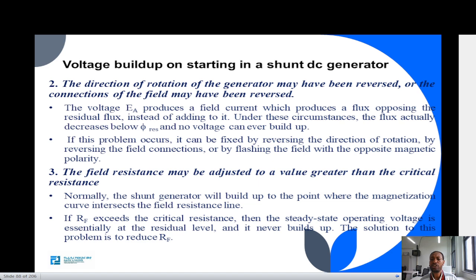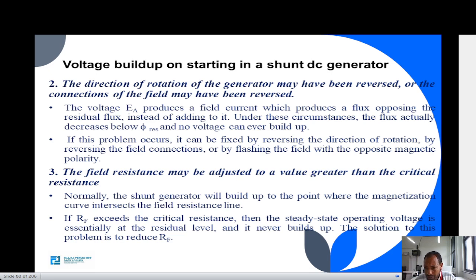Second, the direction of rotation of the generator may have been reversed. It means the field winding direction and the armature winding direction may have been connected in a reverse manner, so that when the residual flux starts creating the first EG, and EG creates VT, and that VT creates IF, rather than adding together, it starts reducing because the field is opposite.